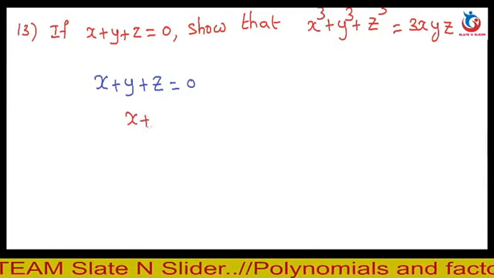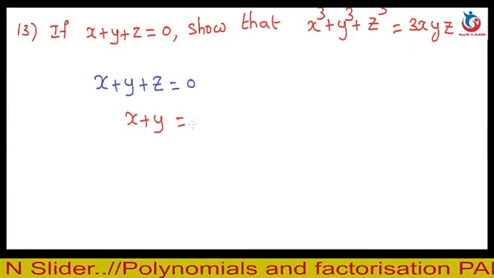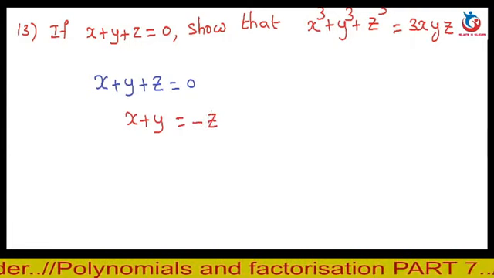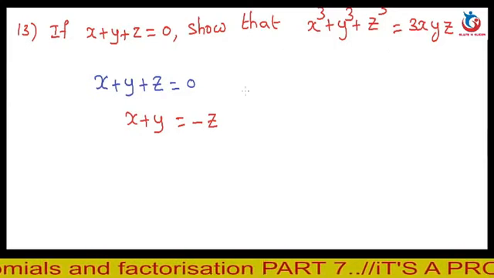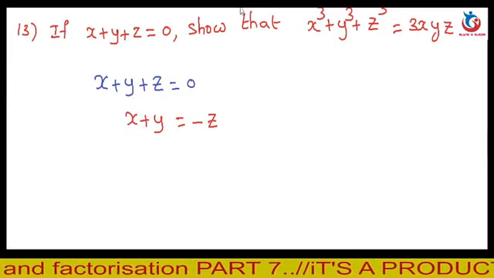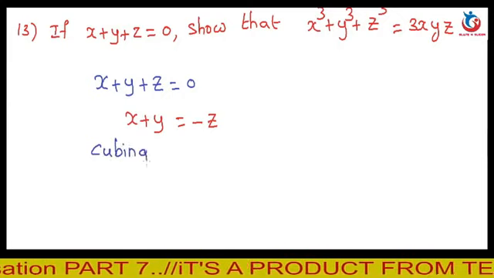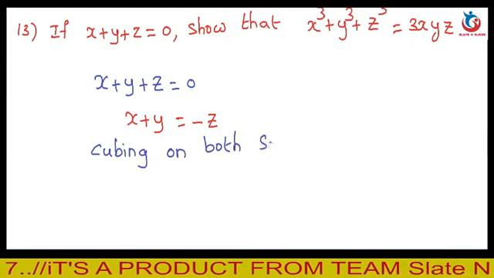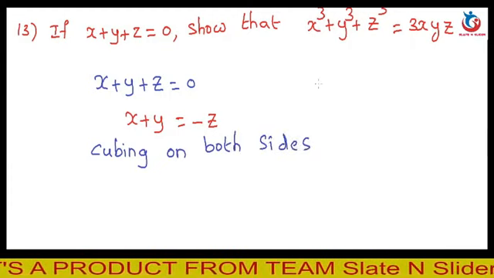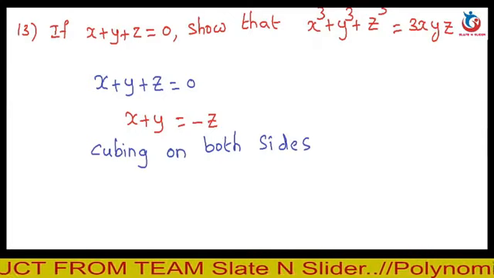Then x + y is equal to, when the + z goes to the another side, it will become − z. The next step, so this question is for the cubes. So we have to do cubing on both sides.